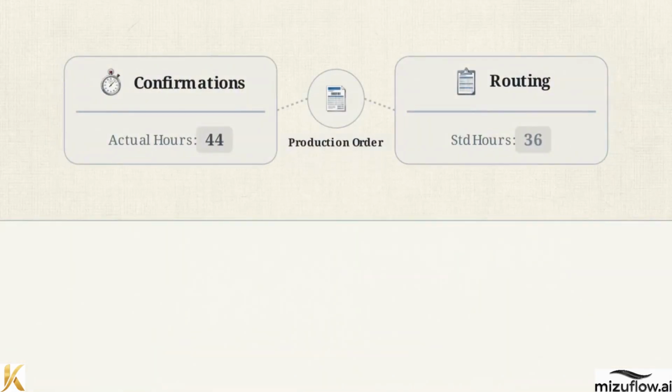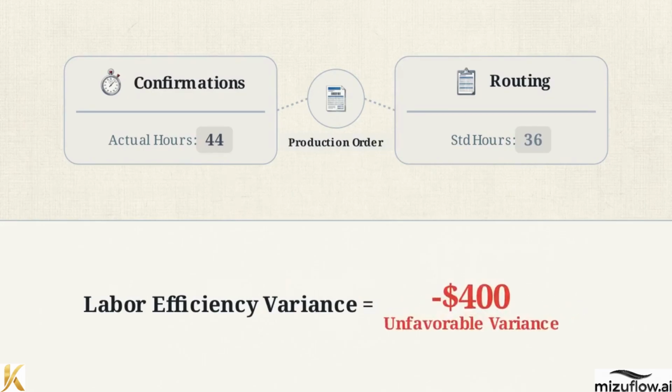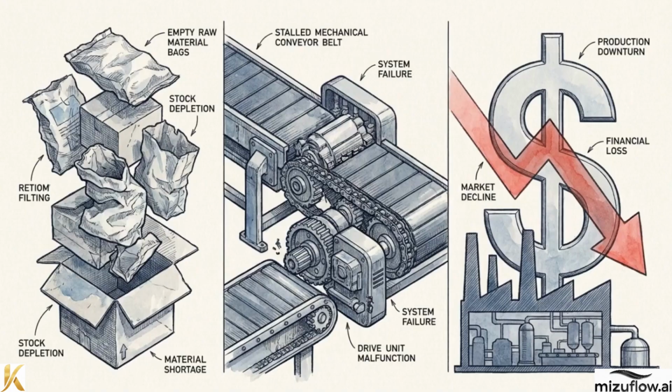This formula visualizes how a labor efficiency variance is calculated. It takes the actual hours reported in the confirmations table, subtracts the standard hours allocated in the routing table, and multiplies the difference by the standard financial rate. This same logic applies across the operation, calculating material usage variances when physical yield is low and absorption variances when machines sit idle.